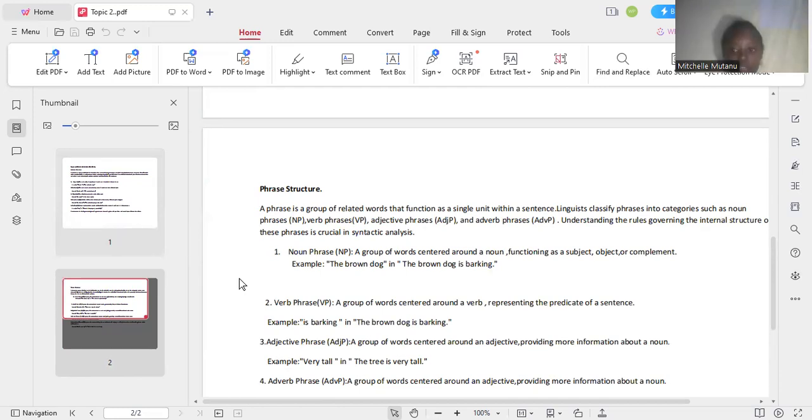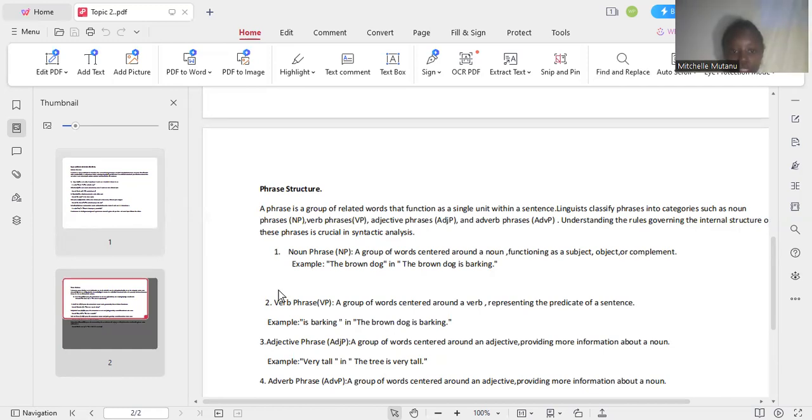Linguists classify phrases into categories such as noun phrases, verb phrases, adjective phrases, and adverb phrases. Understanding the rules governing the internal structure of these phrases is crucial in syntactic analysis.